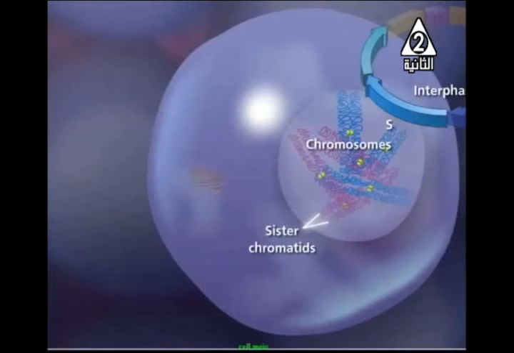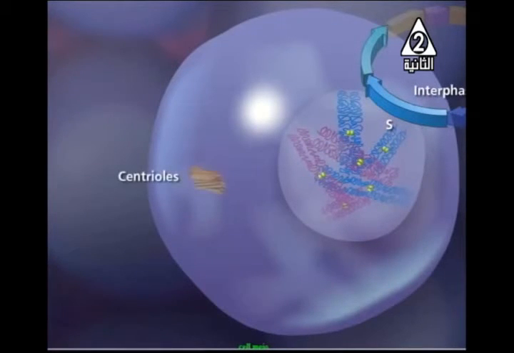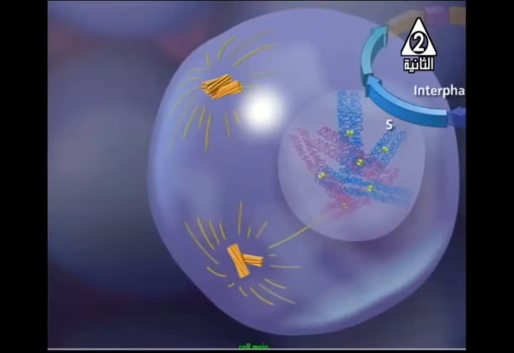Let us see this video to know how the meiotic division takes place in the reproductive cells. This is the reproductive cell, and the centrioles divide and migrate to the cell poles to produce the spindle fibers.